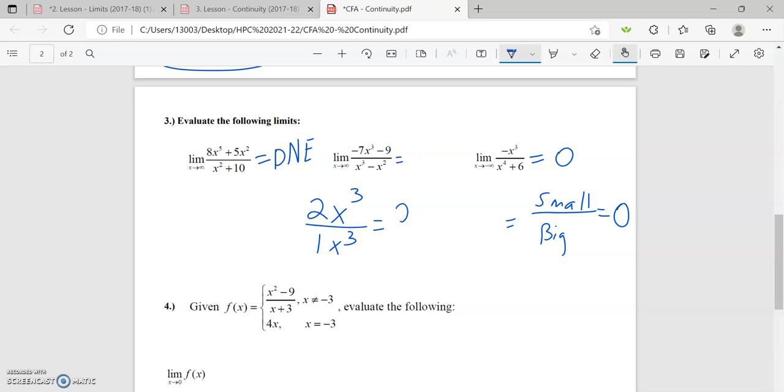So in this case, it would be 2 over 1, or just 2. Up here in the example problem, we have -7 over 1, which is just -7. And there you have it.